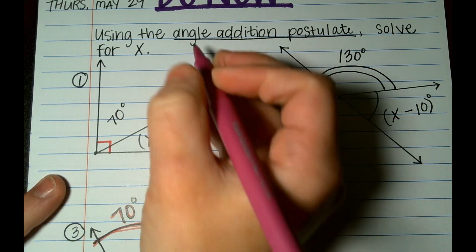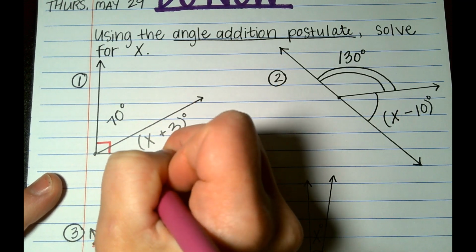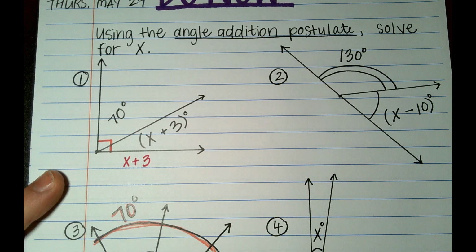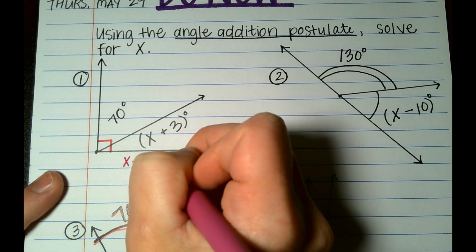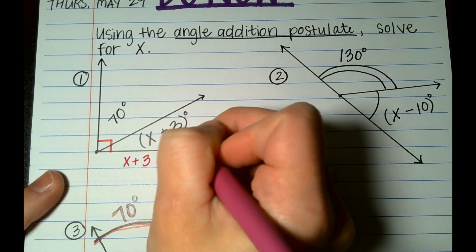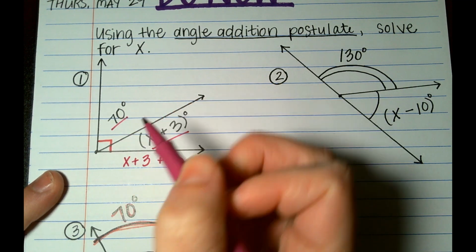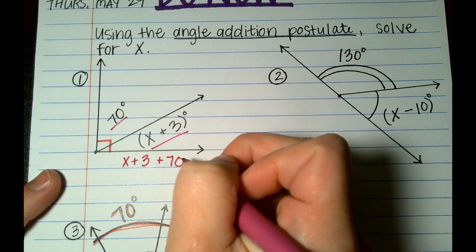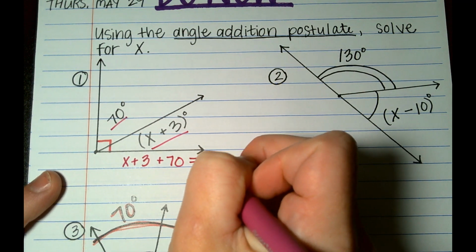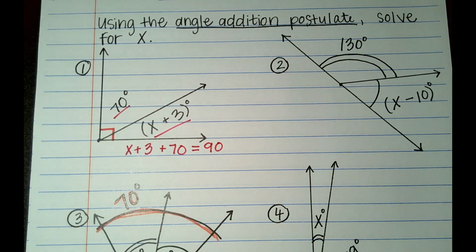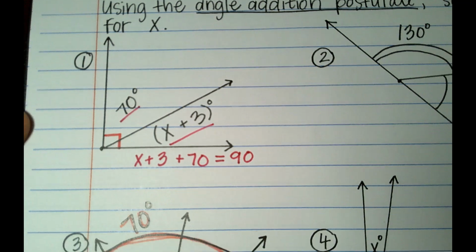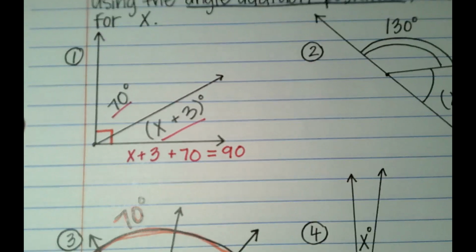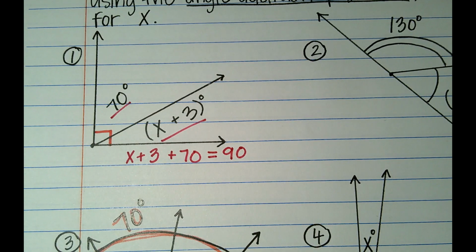X plus 3 plus 70 equals 90. Perfect. So this is the equation we would want to start with.